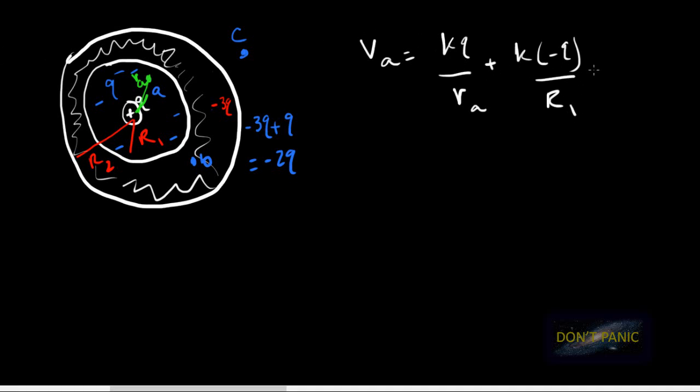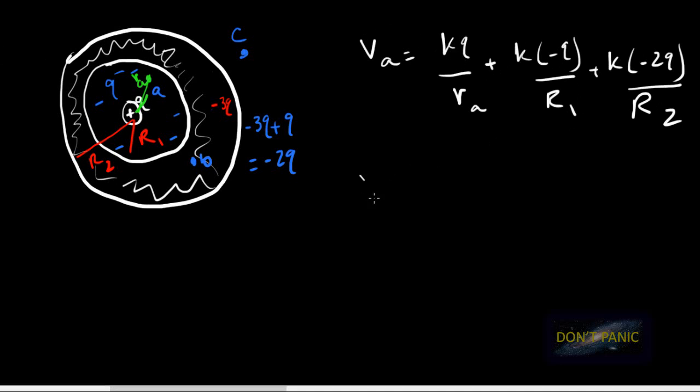So the potential at A is going to be KQ over RA, where RA is this distance, plus the contribution of the inner conductor, which is K times negative Q over R1, and the contribution of the outer conductor, which is K times negative 2Q over R2.